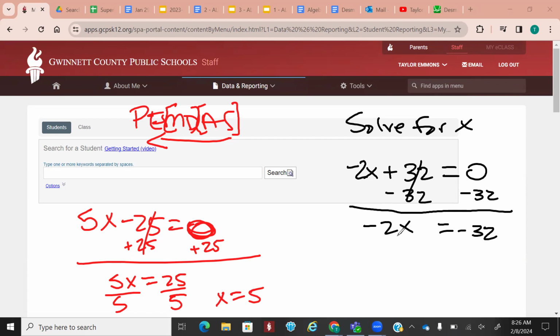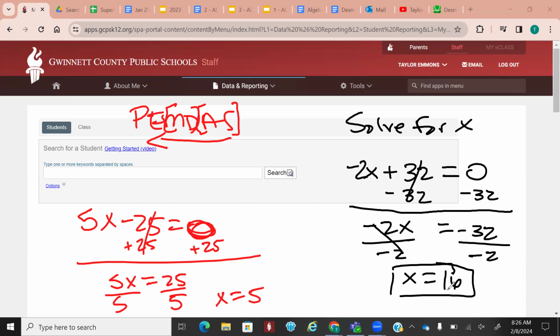Again, the next step is either multiplying or dividing. Well, we've got multiplication already, so we're going to do the opposite. We're going to divide. So that's going to give us x equals, and a negative divided by a negative makes a positive. So what's 32 divided by 2? 16. So x is going to equal +16.